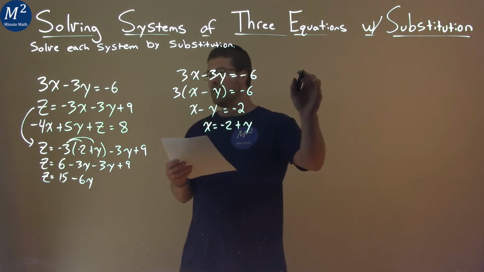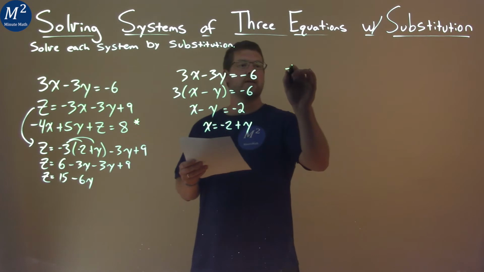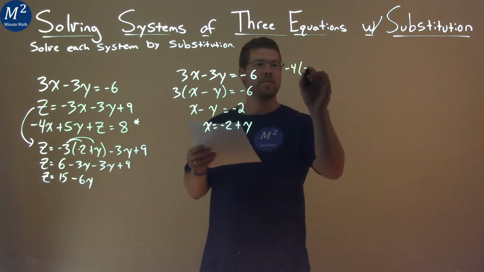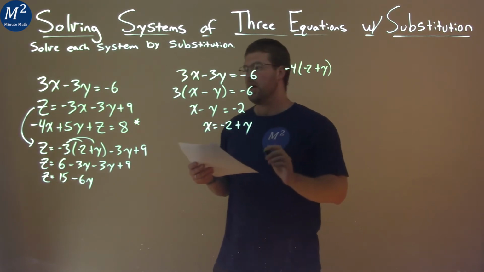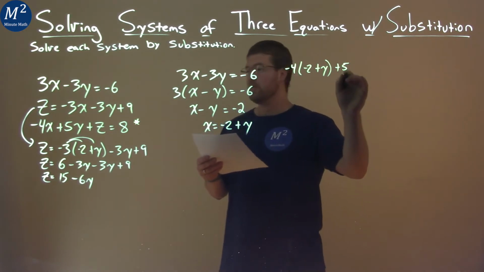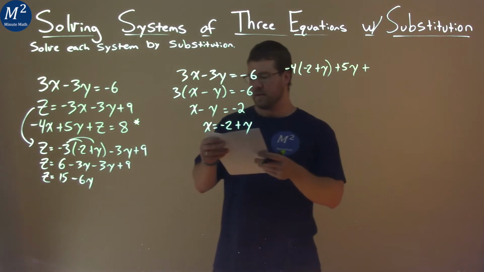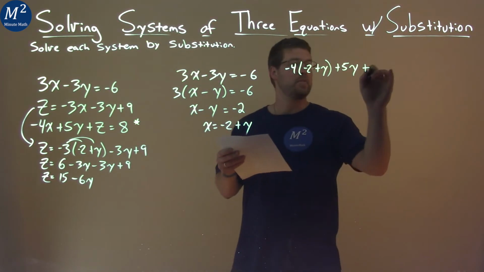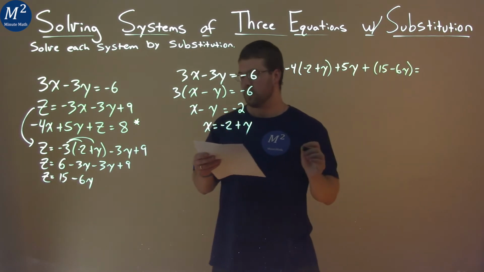So let me do that over here. I'm going to rewrite the last equation. Negative 4, and instead of x, I'm going to put negative 2 plus y, then plus 5y plus z, our z value, which we found to be 15 minus 6y, and that's equal to 8.